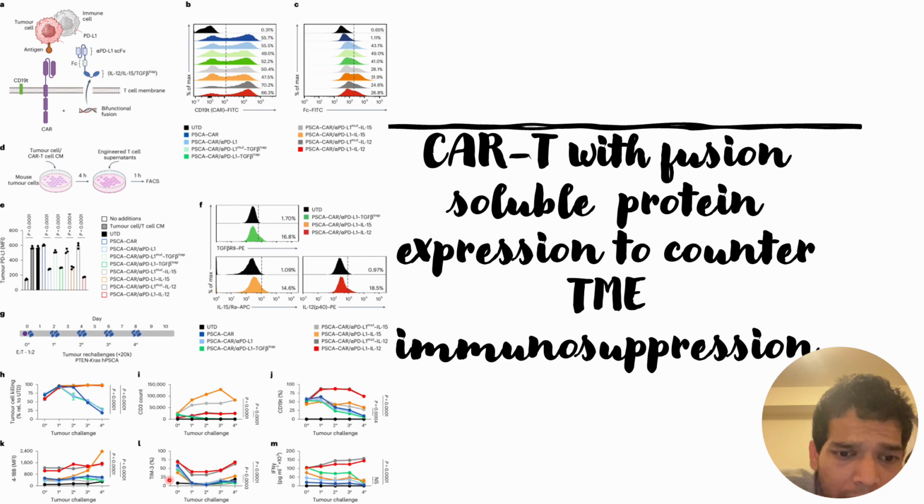Thereafter they also checked the signals for TIM3, a marker of high activity of the CAR T cells, and it is high where interleukin 12 or interleukin 15 is used, with either mutated PD-L1 or wild type PD-L1. Then they checked IFN gamma expression levels, which are also high where they use interleukin 12 along with the PD-L1 ligand, or interleukin 12 with mutated PD-L1 ligand.